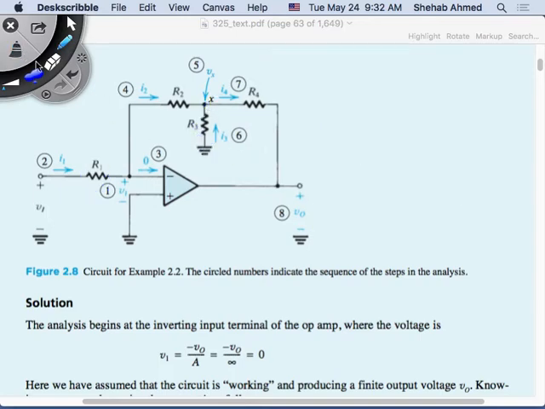We want to calculate V naught, V output. It's equal to Vx minus I4 R4.